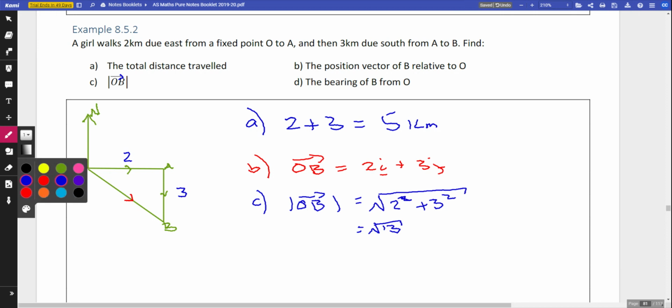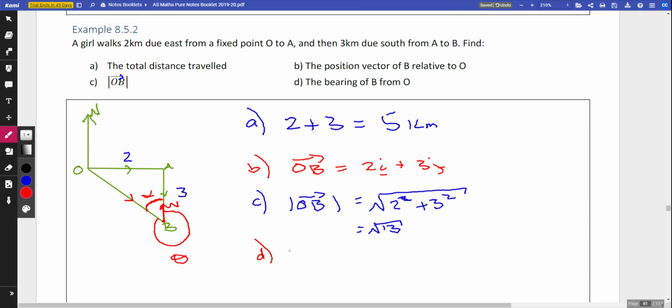And then to finish off, the bearing of B from the origin. So the bearing of B, so remember when you do bearings you need to put your north line in. So of B from the origin, so I'm looking for that angle there, which I'm going to call theta. In order to do it, I'm going to find this angle here.